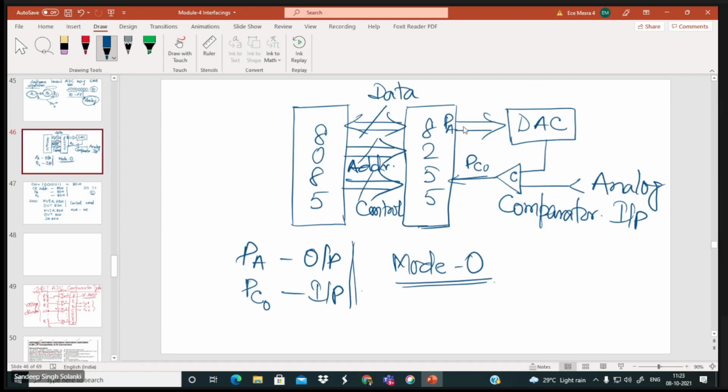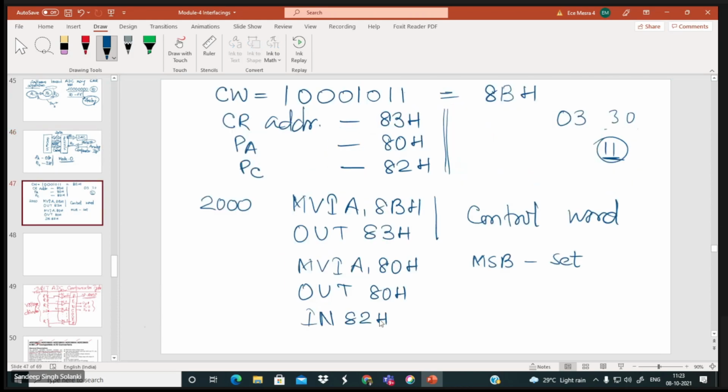Here, this 80 is going out here. So the DAC will produce the analog output. Here the analog output you will get. This analog output and this analog input will be compared, and that you are inputting through the port C. So this is what I am doing.